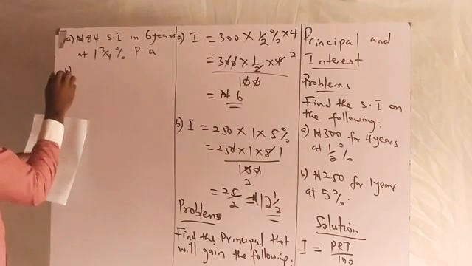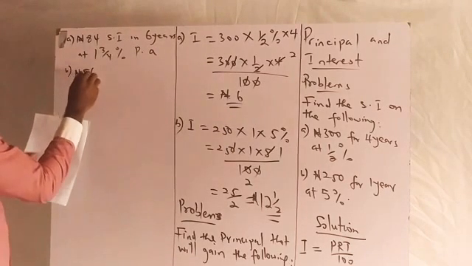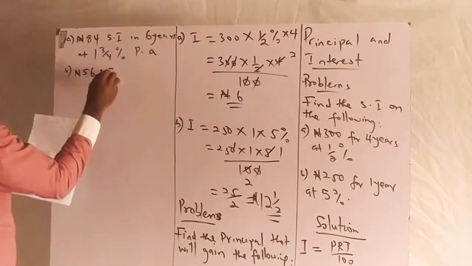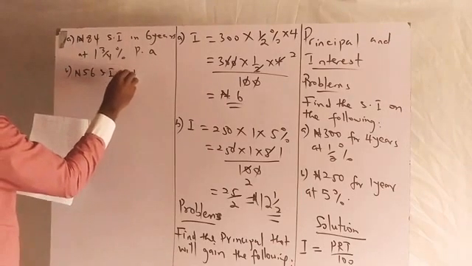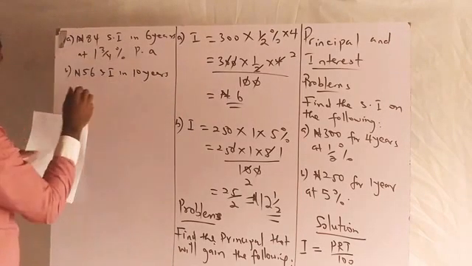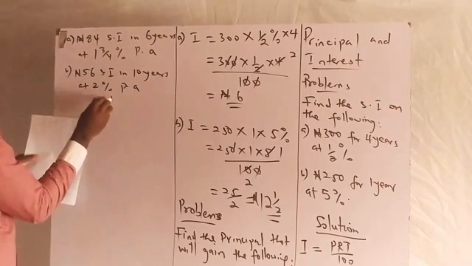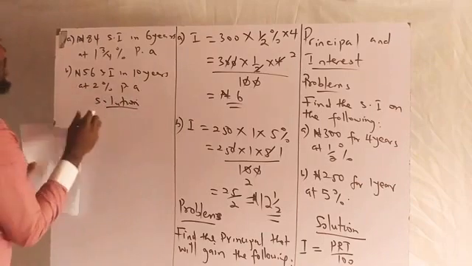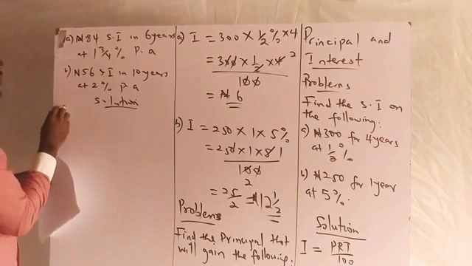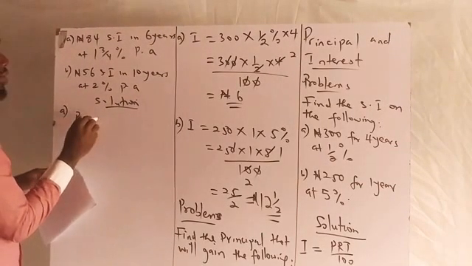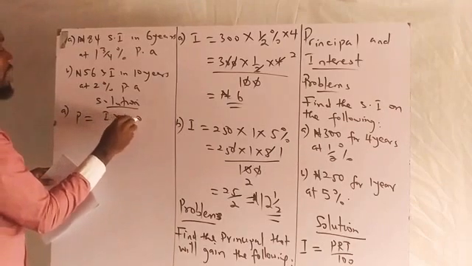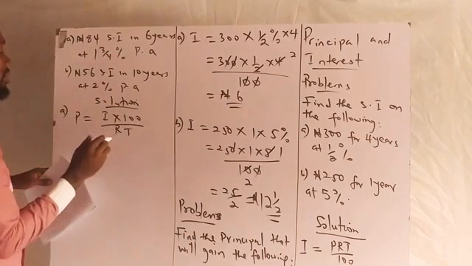B: 56 naira simple interest in 10 years at 2% per annum. Let's solve. I'll start with the A. The formula for principal is P is equal to I times 100 all over RT.